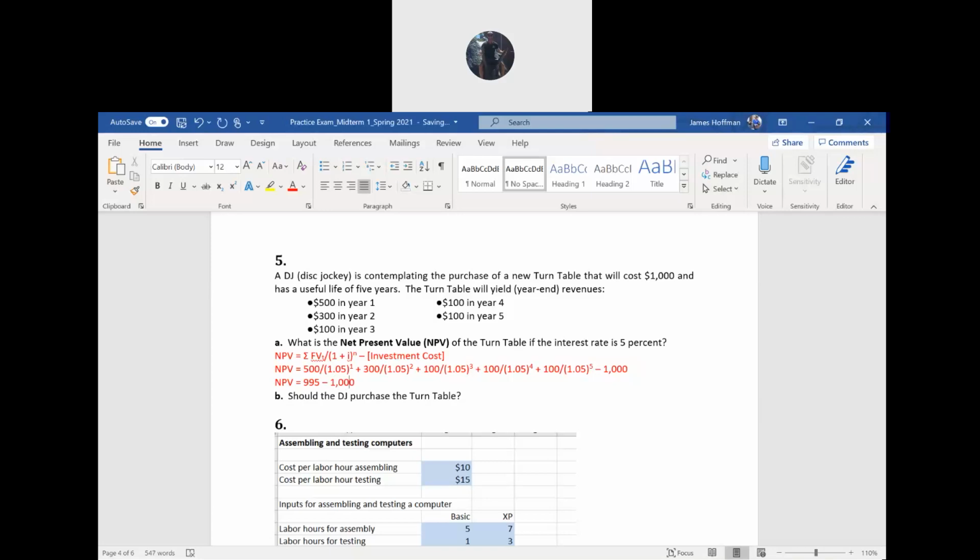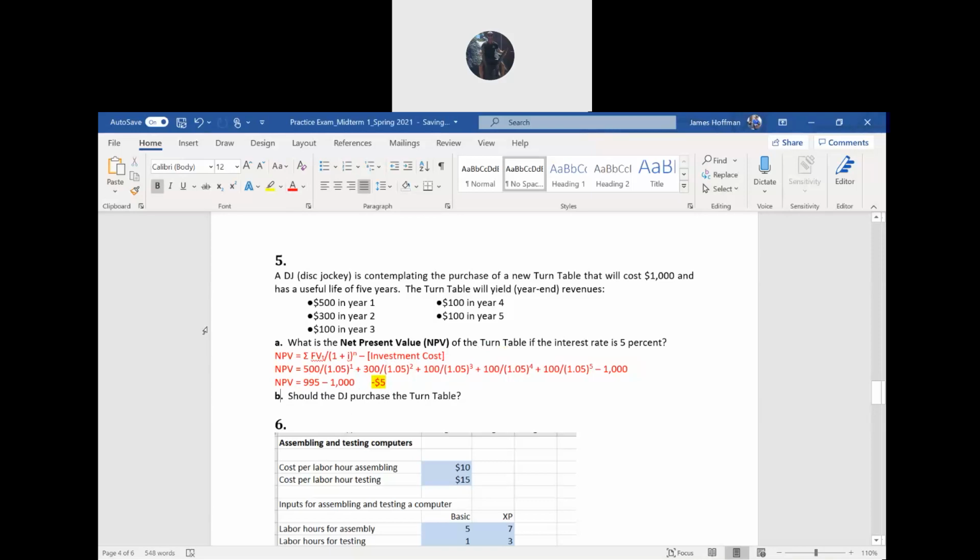So in net present value terms, $995 minus 1,000 gives us about negative $5, and that's going to tell us we get a negative investment if we do this project.